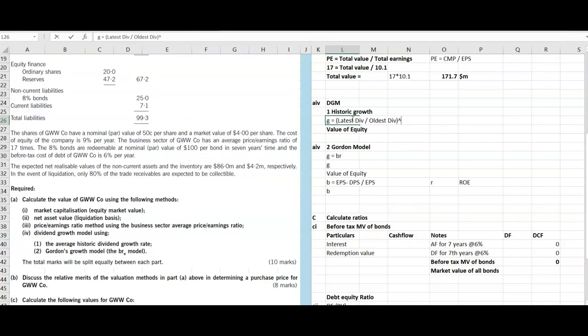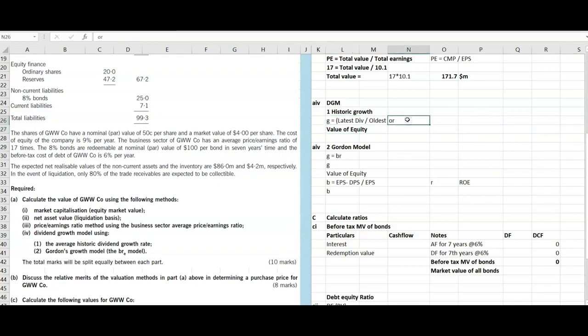As we can't take the nth root here, we'll find it through 1 divided by n. This will also give you the same result. Once you get this answer, minus 1 and multiply by 100, and you will get G as a percentage.